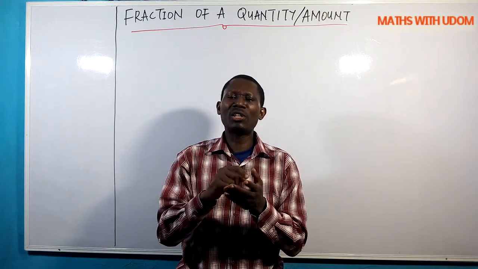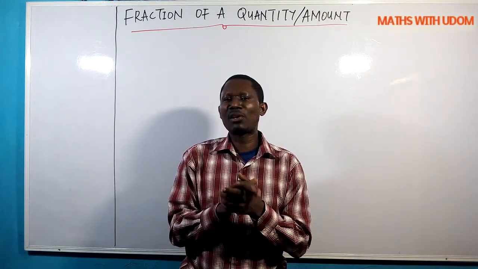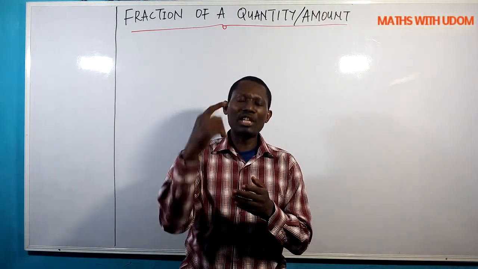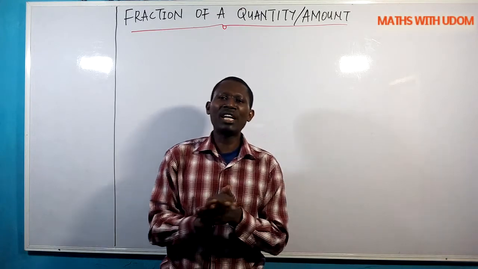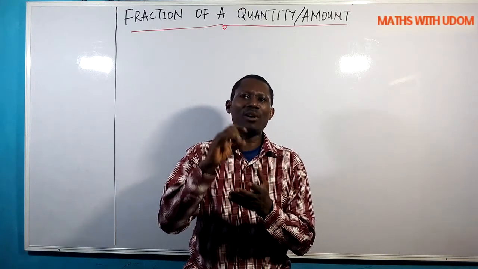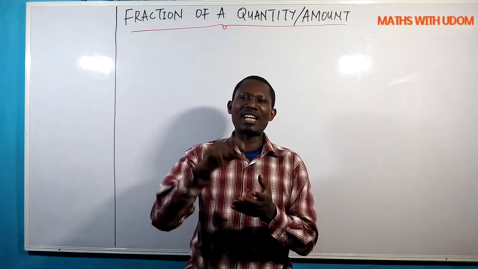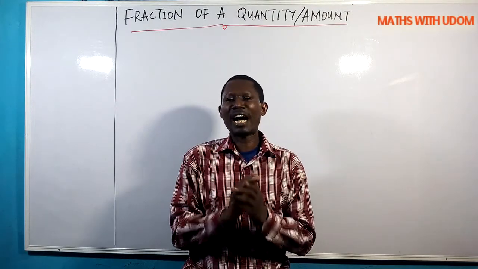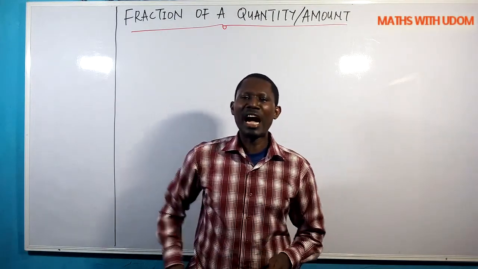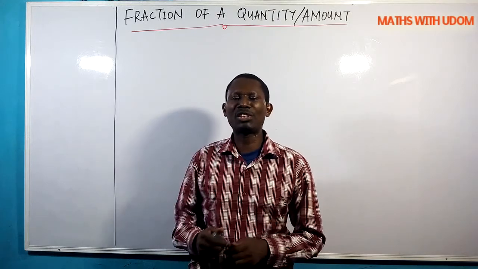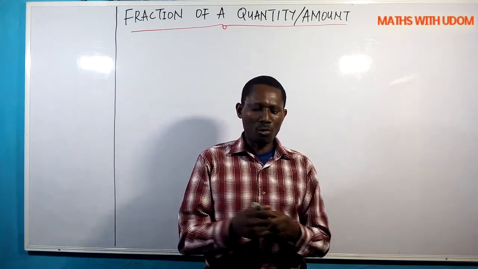That is what the denominator will tell us. While the numerator of that fraction will indicate how many of these parts are being used. And when we talk about fractions of a quantity, we normally make use of the word "of".